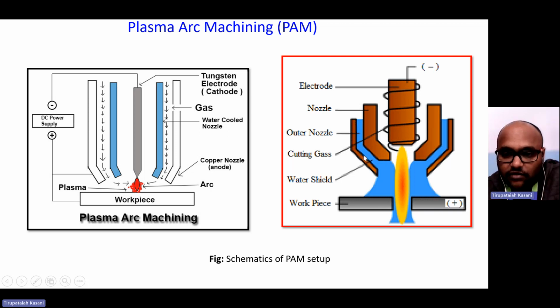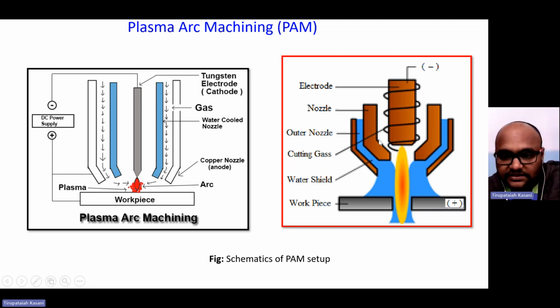See here, this is the outer nozzle and this is the inner nozzle, with the water shield. In the annular space of this nozzle we are circulating the water, but in the other annular space we are supplying the gas, depending upon the requirement.